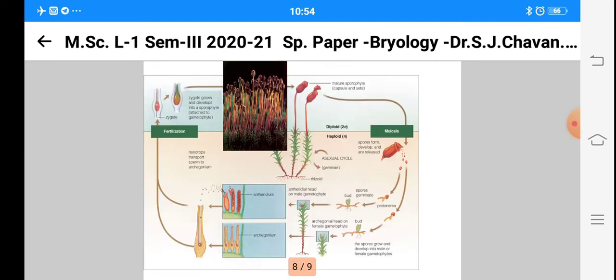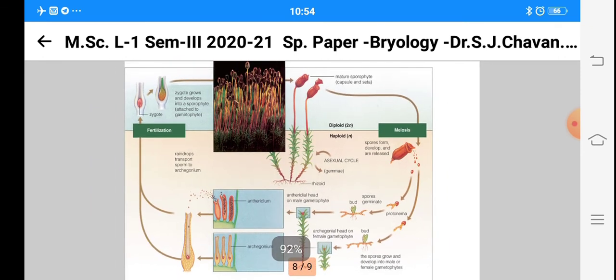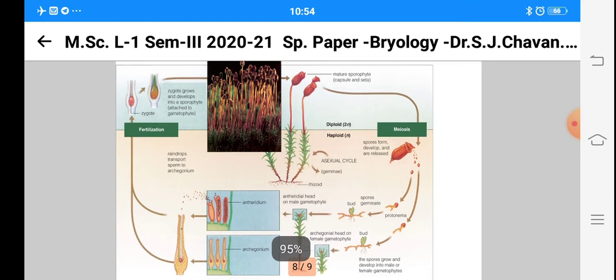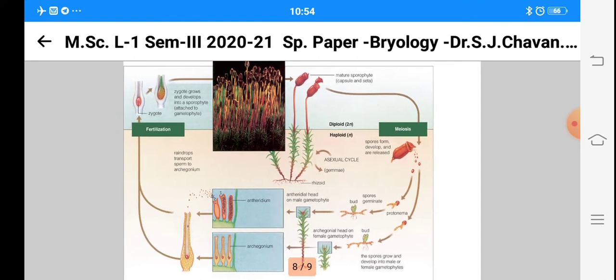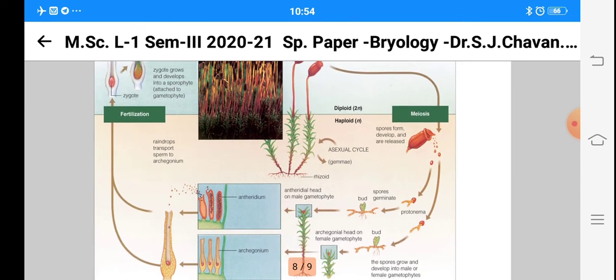So we are covering all these characters. You see this flow sheet, the diagrammatic life cycle of mosses. The plant body is generally the diploid sporophyte, which shows spore development in the capsule. These spores are haploid.